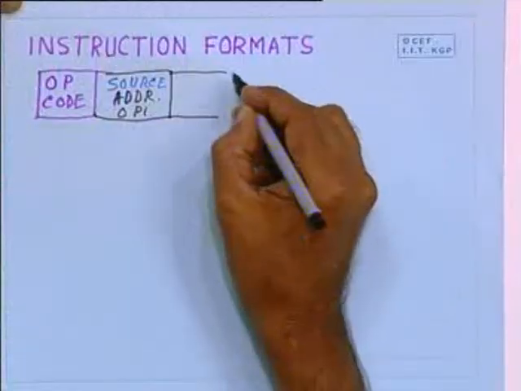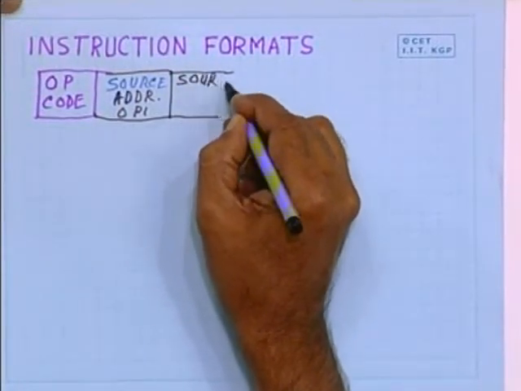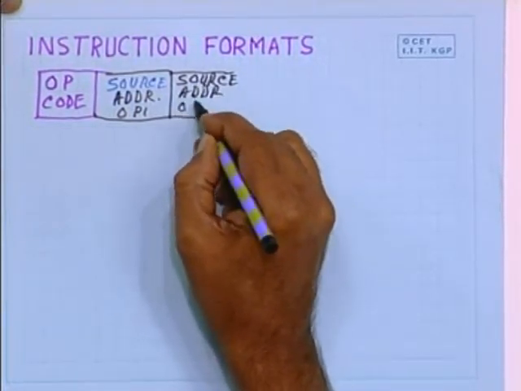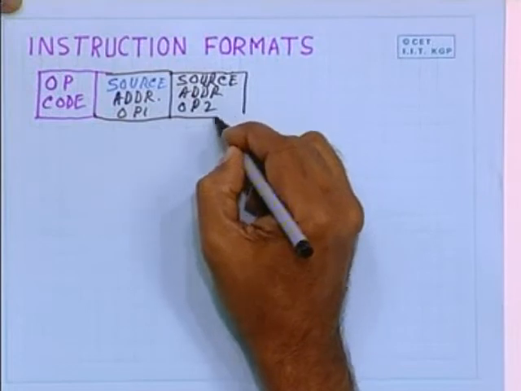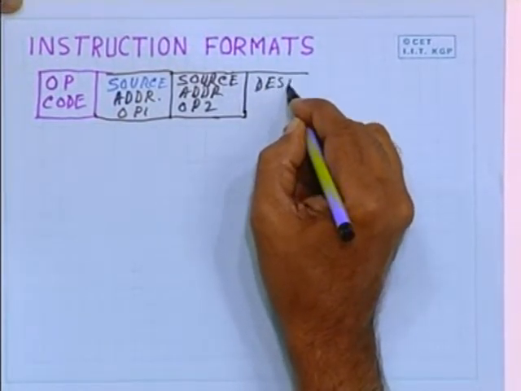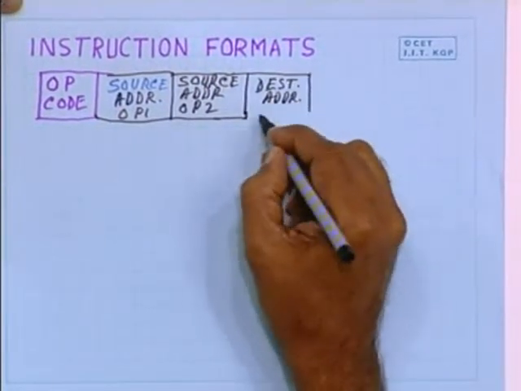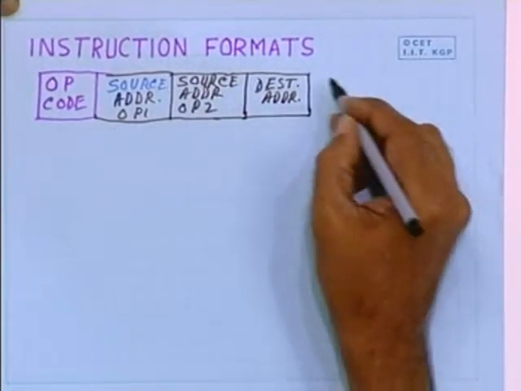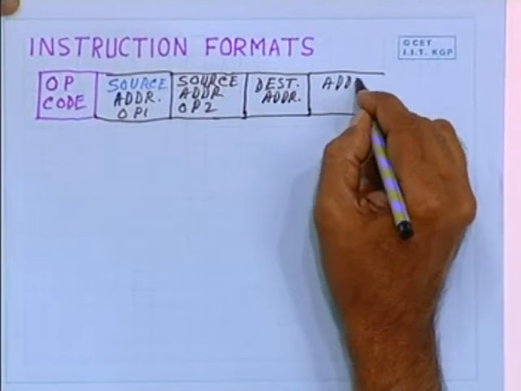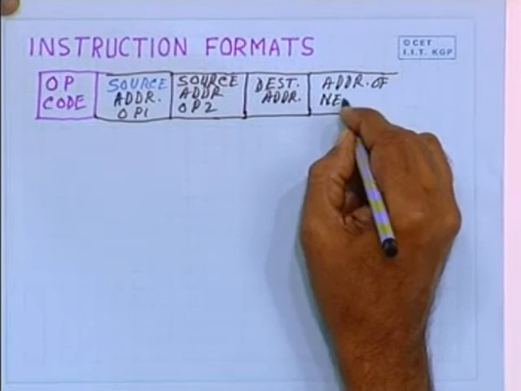So, the different components will be the source address of operand 2, and the destination address of the result, where the result will be stored, and finally, you have to provide the address of the next instruction.